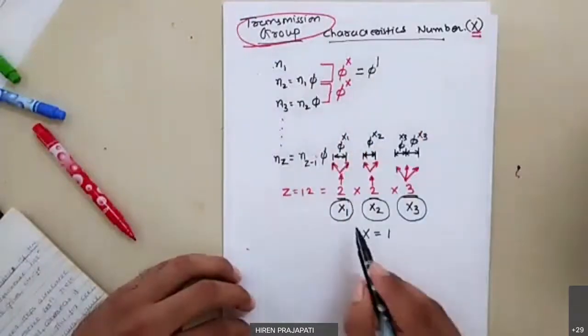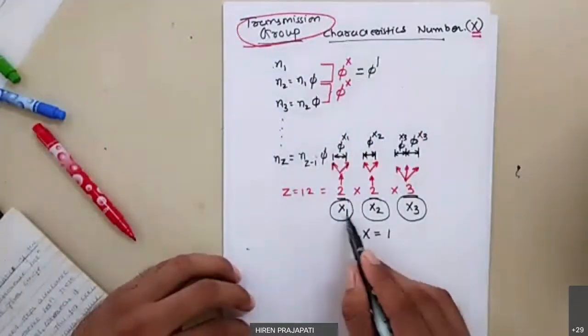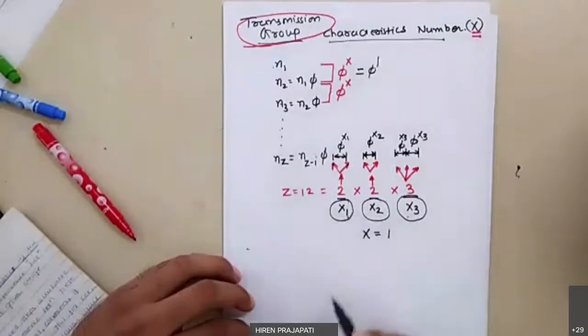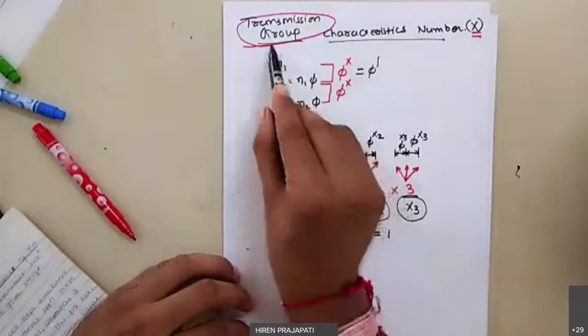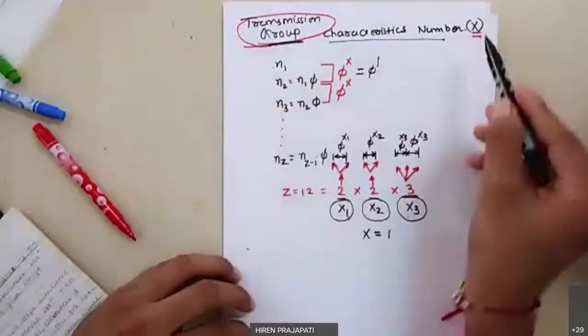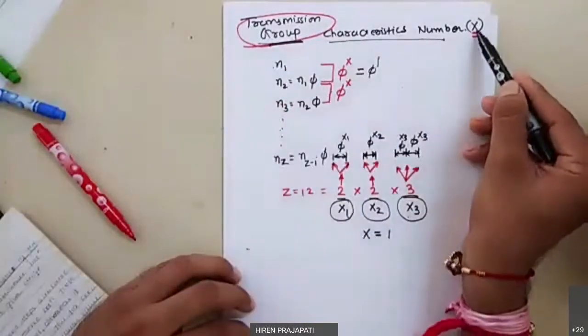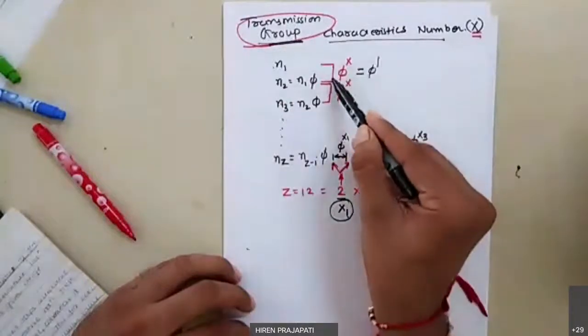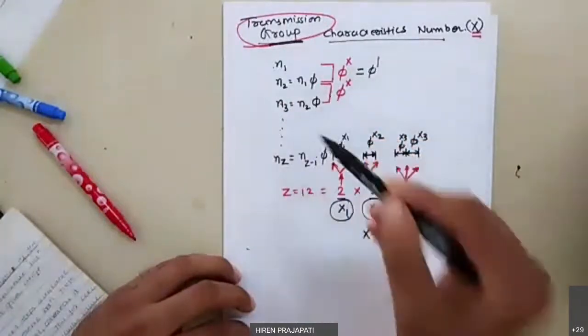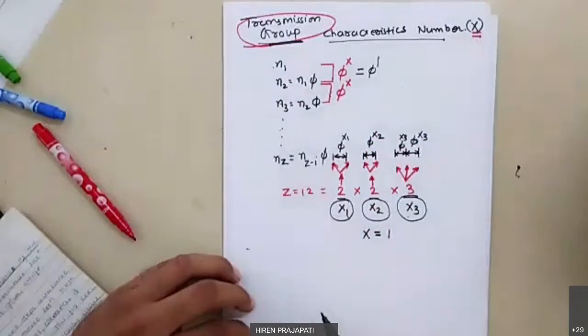Am I right? So here we have three different x1, x2, x3. Then we should have at least one transmission stage where phi raised to 1 is present, and so we can get successive speeds in geometric progression, right?